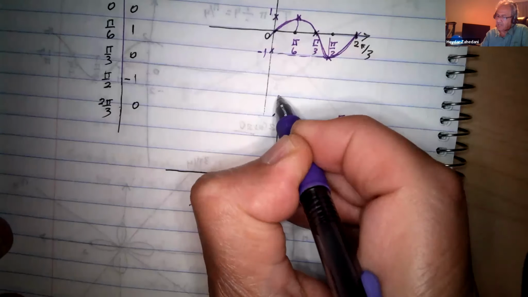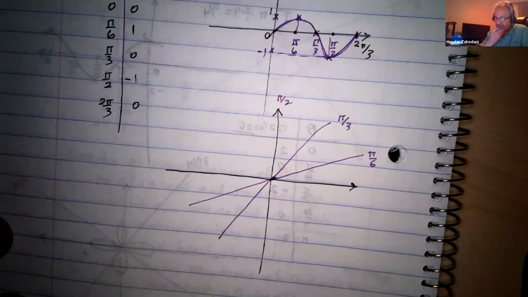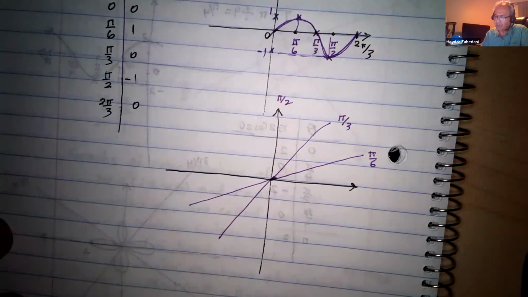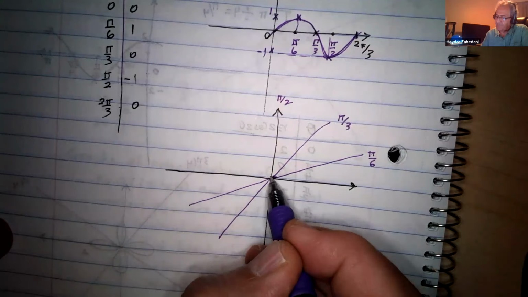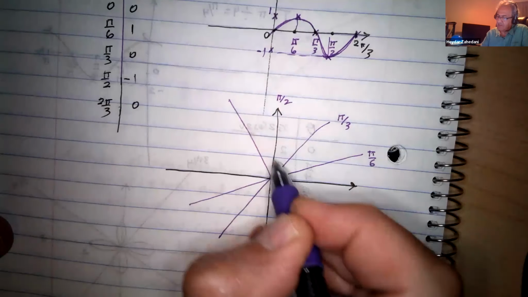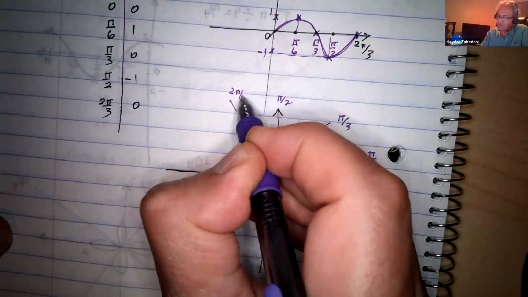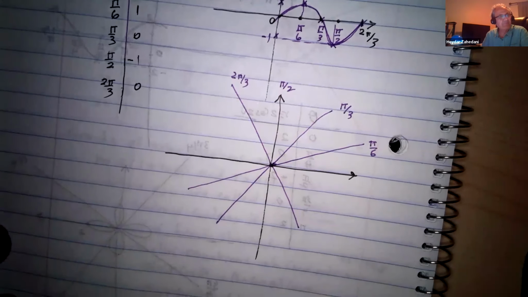Then this is going to be pi/2. Then we get to 2pi/3, which is 120 degrees. And this is going to be 2pi/3.